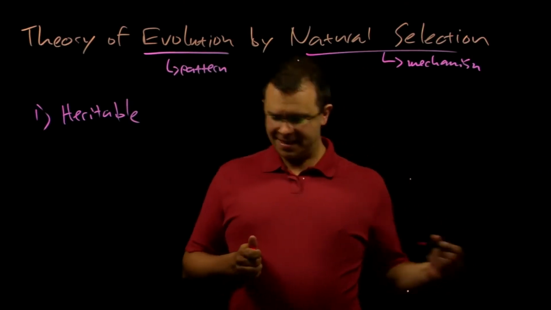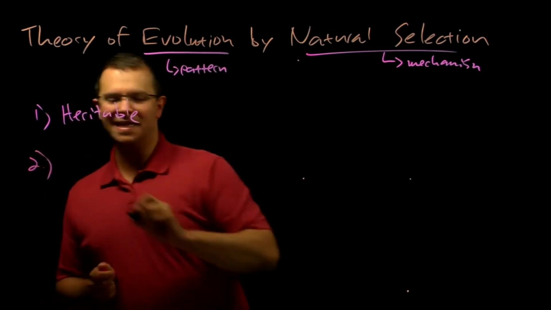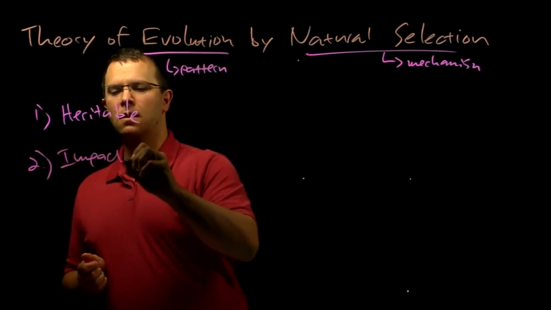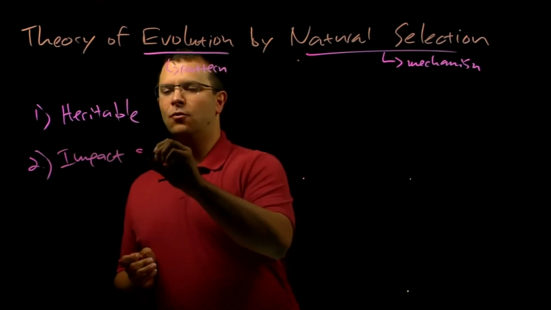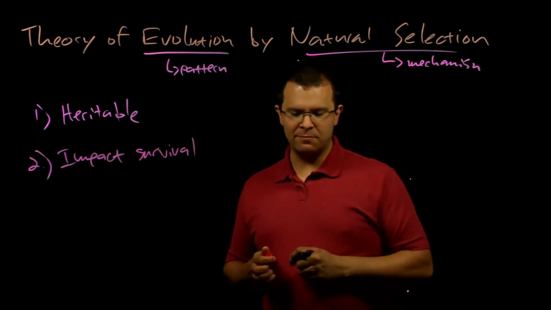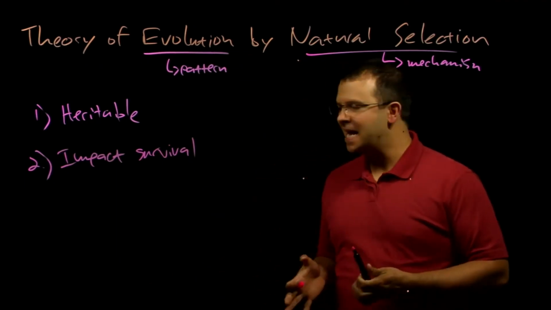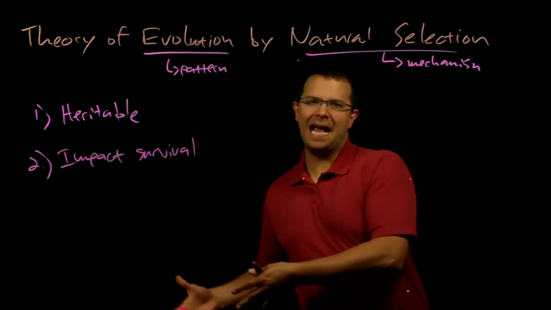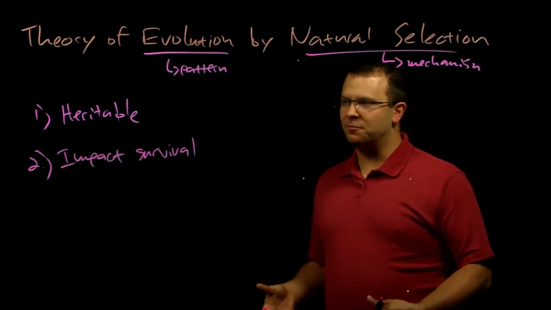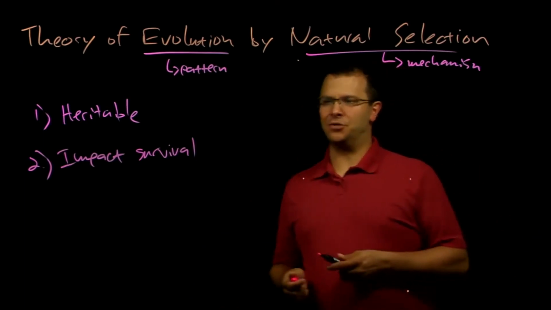And the second is that those traits must impact that organism's survival or its likelihood to reproduce, which is to say that organisms that have the trait must do a better job producing offspring than organisms that don't.